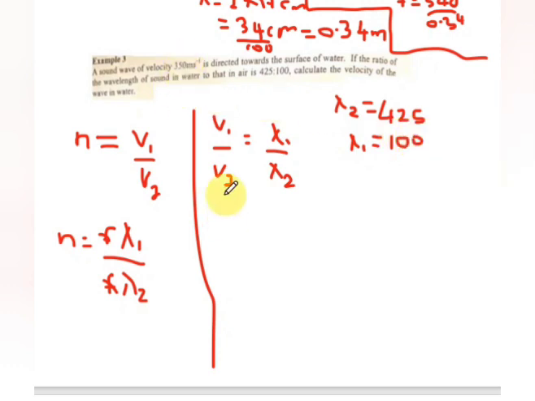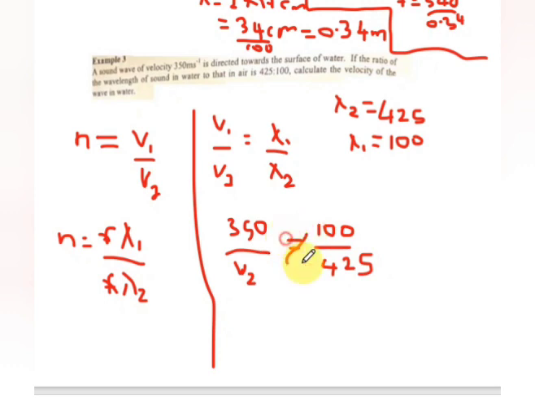So we put all these values into this. v1 is 350 divided by v2, that's the speed of sound in water, is equal to lambda 1, which is 100, divided by lambda 2, 425.